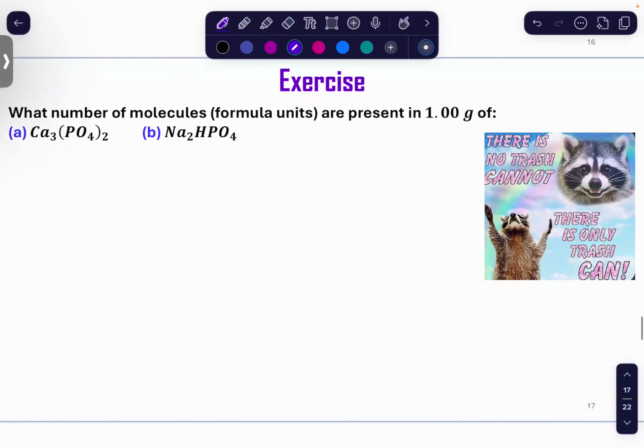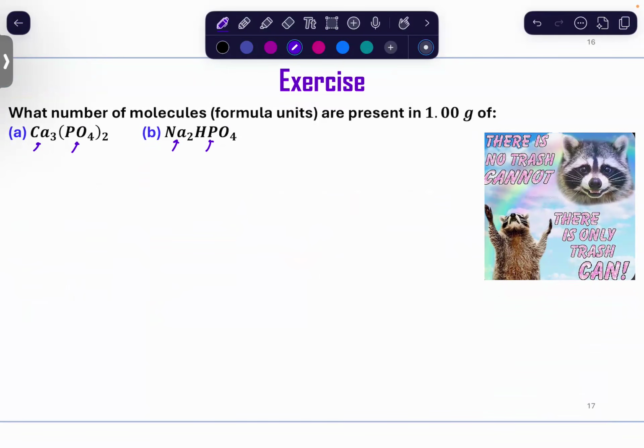So here's one. What number of molecules, also known as formula units, are present in 1 gram of each of these? So this one, you see the calcium ion. You see a polyatomic, that's phosphate, this is calcium phosphate. And then B, you see the sodium ion. Go back and make sure you're reviewing your naming of this one.